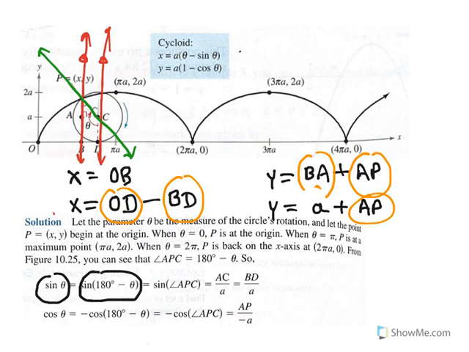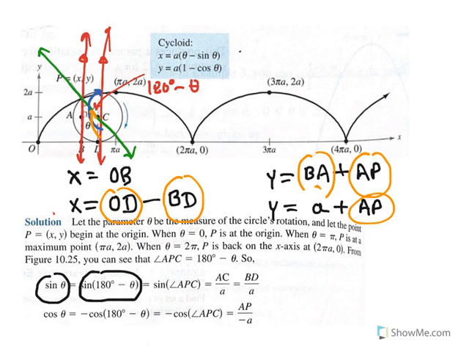So 180 degrees is a straight angle, so that's what you have here, 180 degrees. The angle of rotation for the circle is theta, which you see here, and 180 degrees minus theta would be this angle right here.